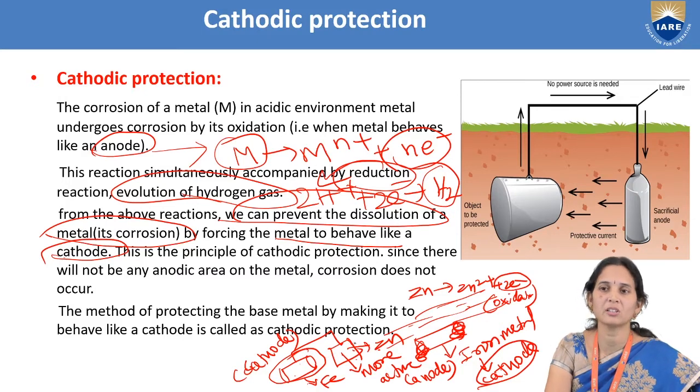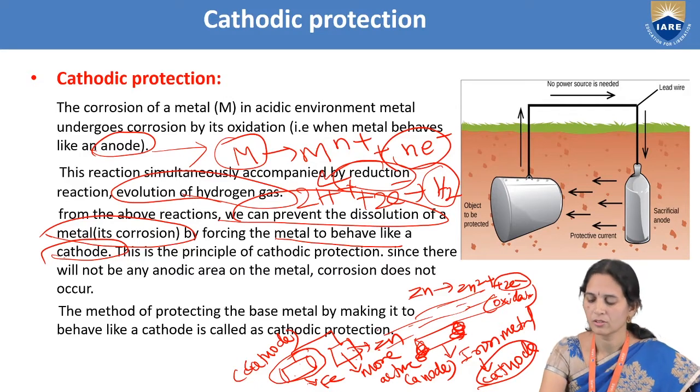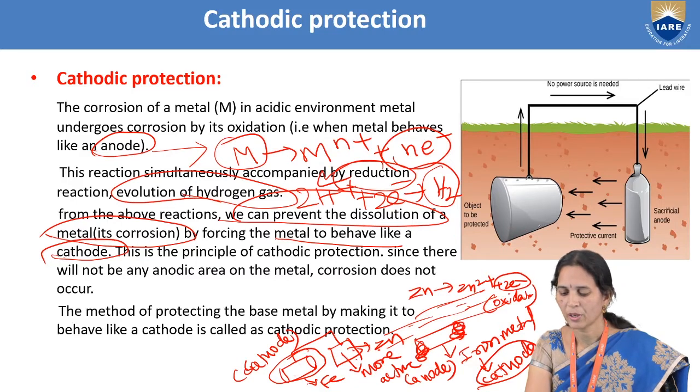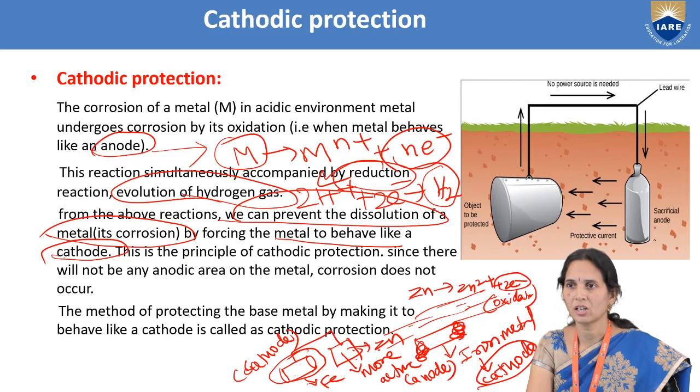Since the base metal behaves as a cathode, it is called cathodic protection. So cathodic protection means protecting the base metal, which we want to protect, by making it behave like a cathode. In this diagram you can understand very easily: the object to be protected, for example any pipe or container, and a sacrificial anode, nothing but zinc.